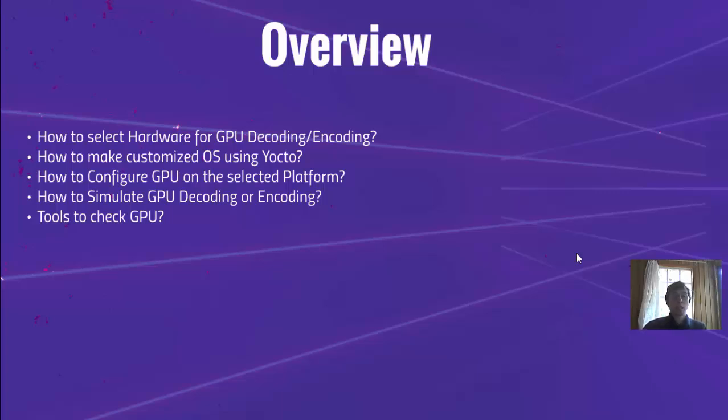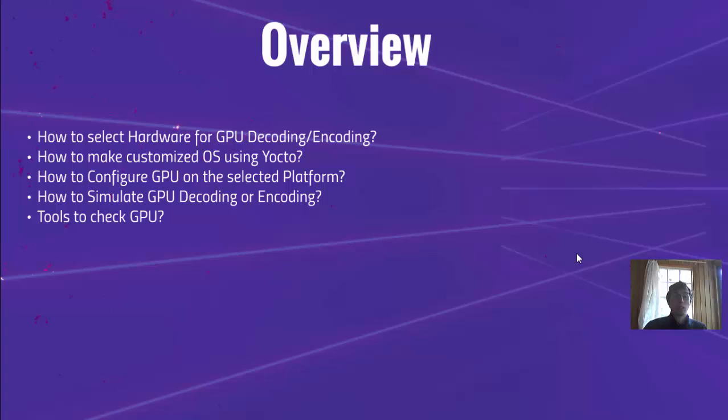We will start with some hardware selection, the reasons and scenarios you need to consider to select the proper hardware. As well, after you've chosen the hardware, how you can customize Yocto and what Yocto is at all.